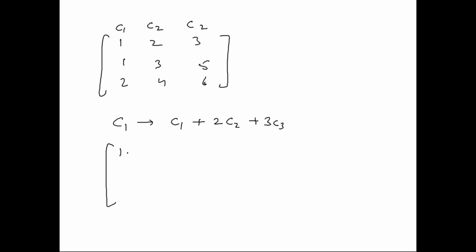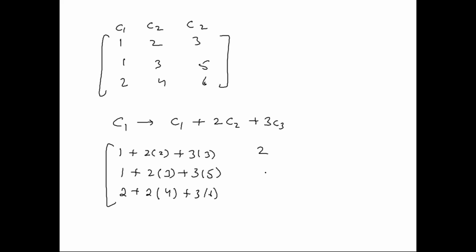So this will become 1 plus 2 into 2 plus 3 into 3, 1 plus 2 into 3 plus 3 into 5, 2 into 4 plus 3 into 6. And the other columns are 2, 3, 4, 3, 5, 6.